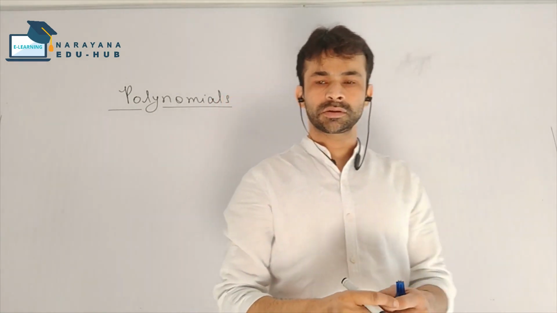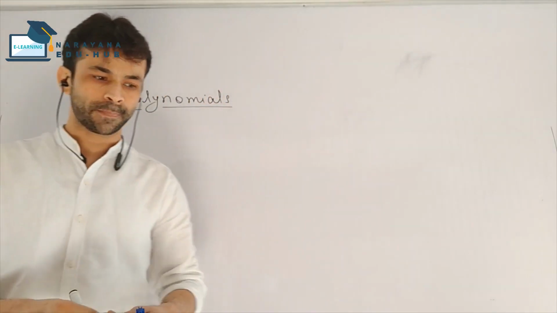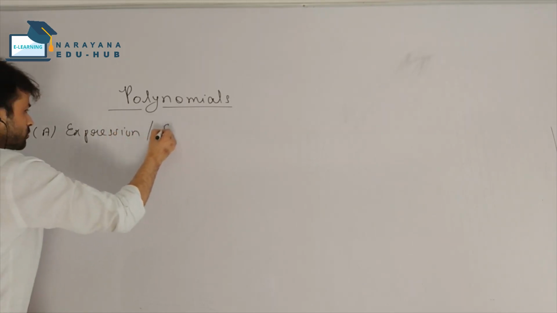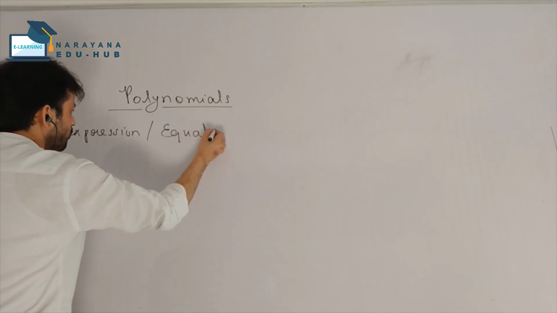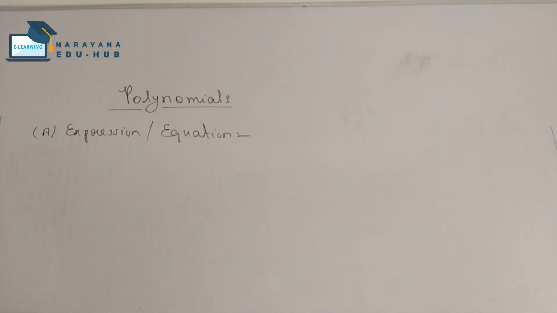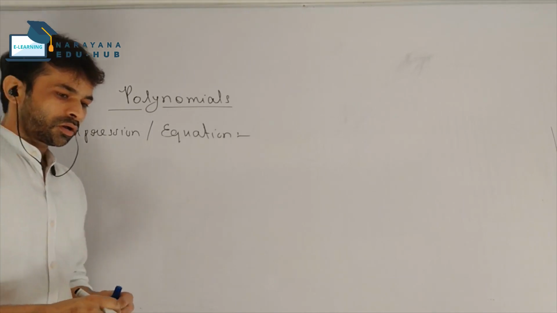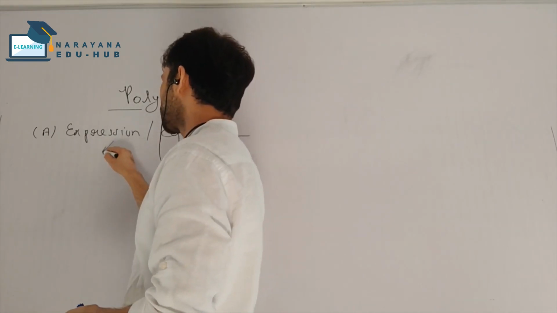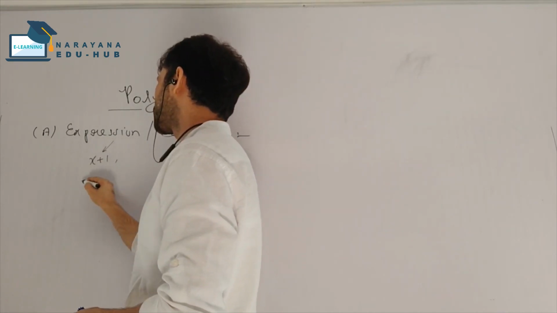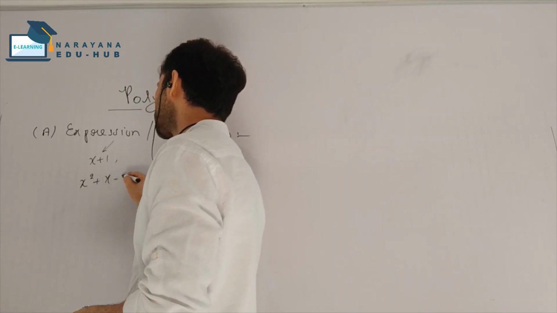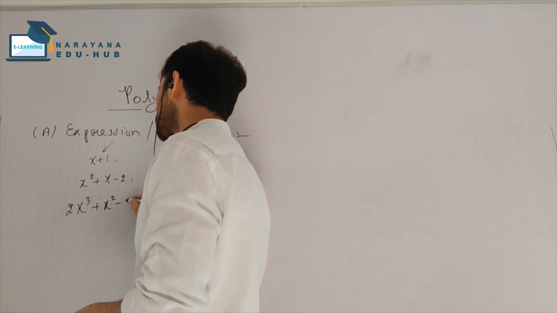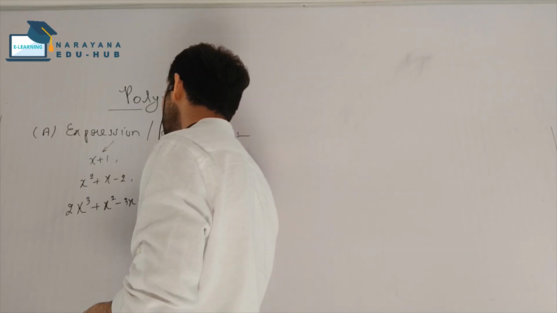Before starting polynomials, we'll discuss one thing: the difference between expression and equation, because we will be using this. An expression is when we write something like x plus 1, x squared plus x minus 2, 2x cubed plus x squared minus 3x plus 4.